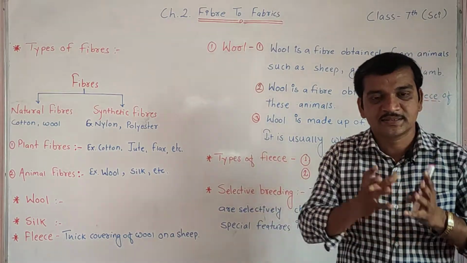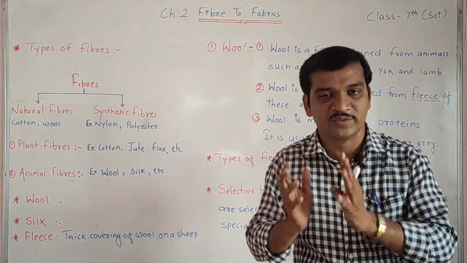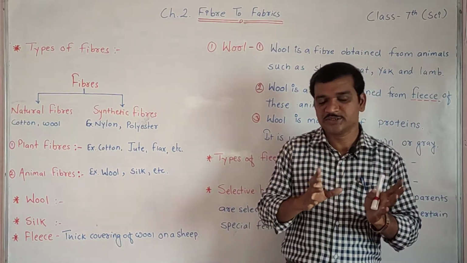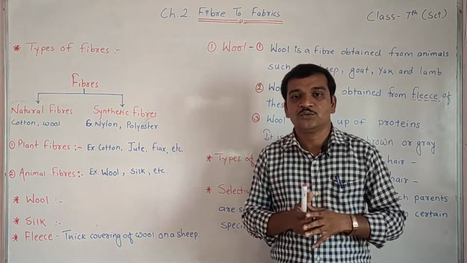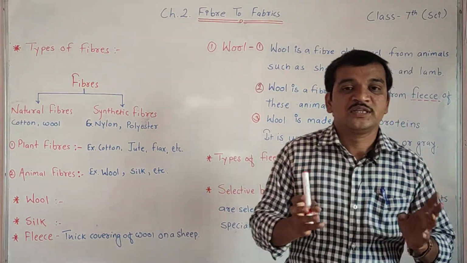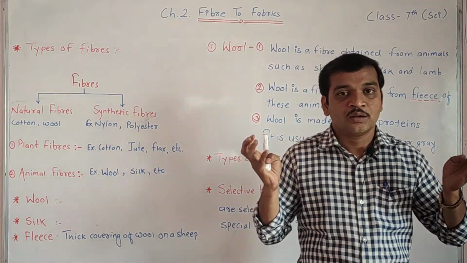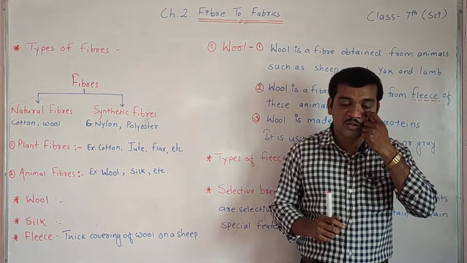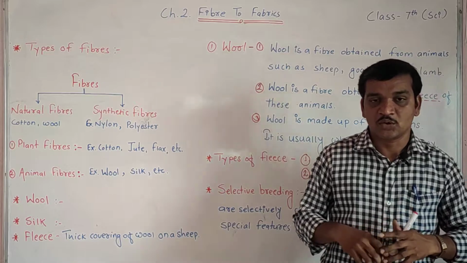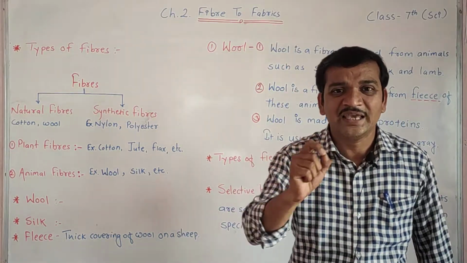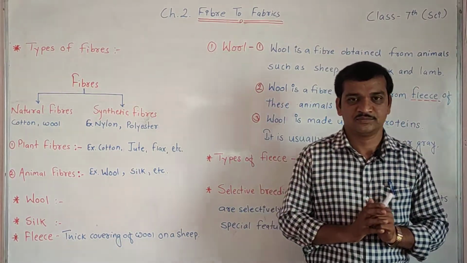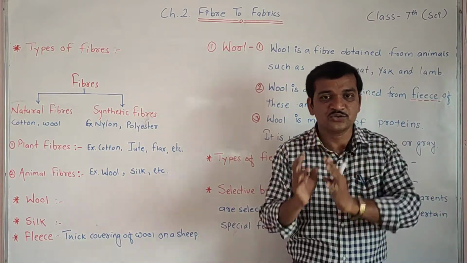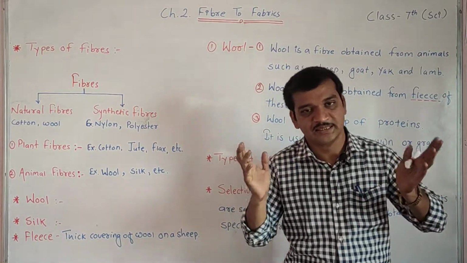When fibers come together they form yarn, and yarn makes fabric. So this is the process. Now what is meant by fiber? Fiber is a long thin strand which is used to make yarn.